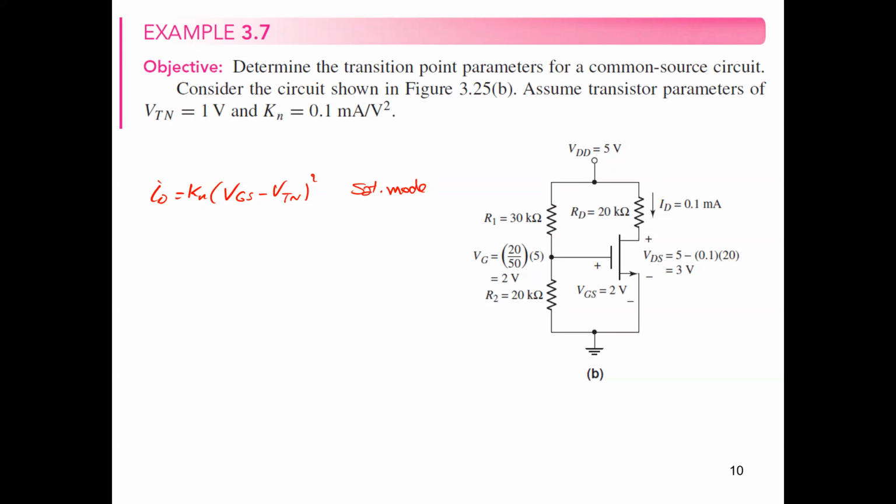And we have the other relation from the circuit here, which is VDD equals ID times RD plus VDS. So we can say from here, ID equals (VDD minus VDS) over RD.